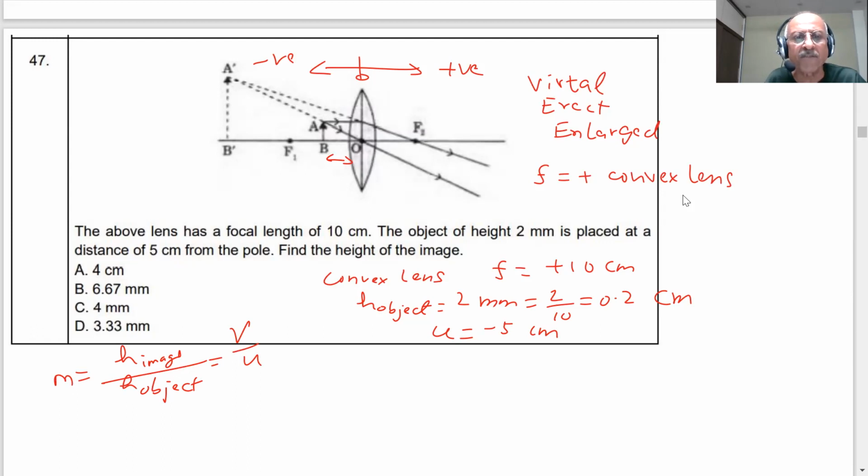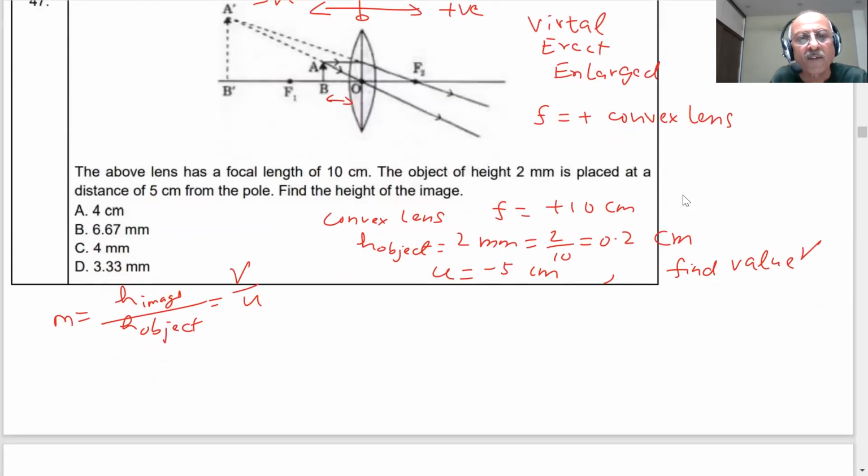You have to find the value of V. How will you find V? Apply the lens formula.